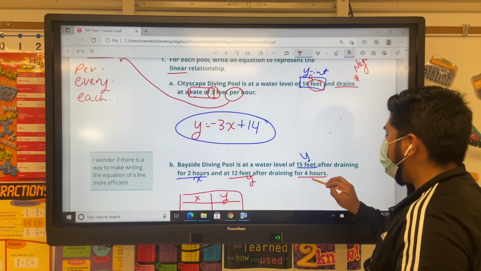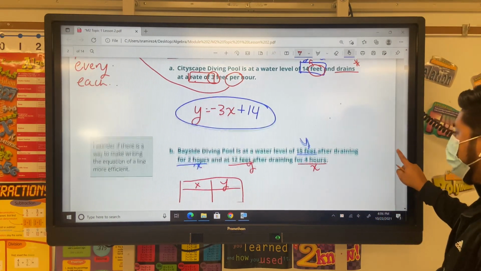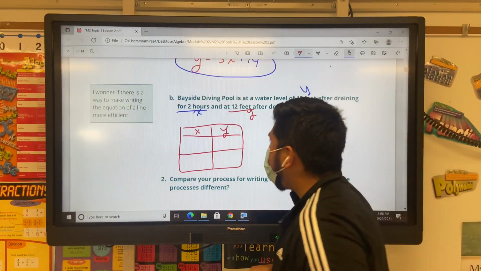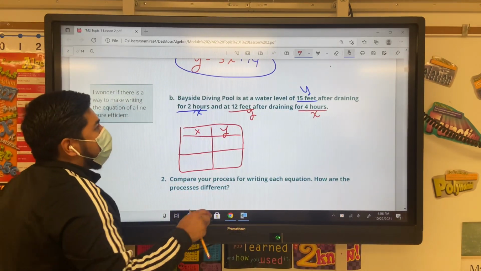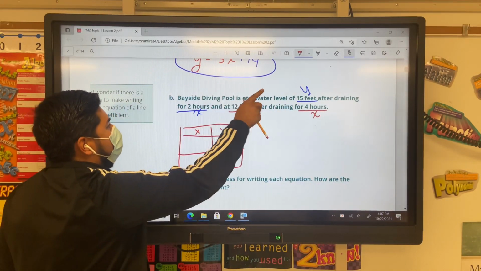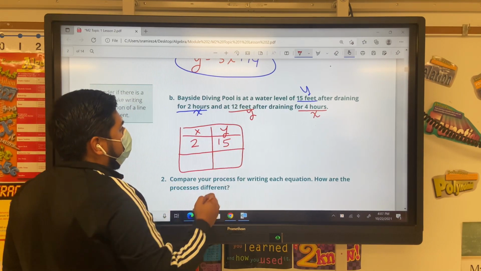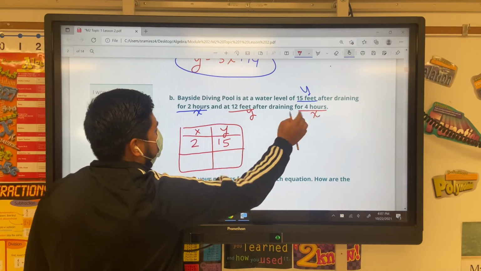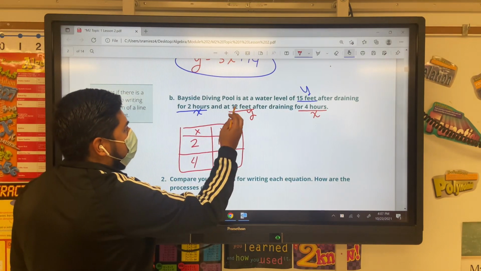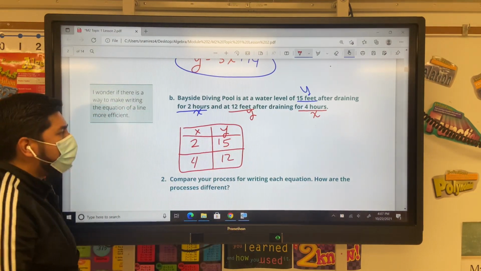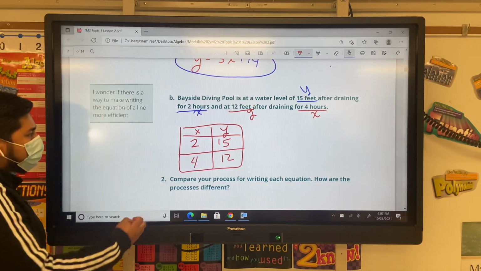Terrific. Almost done. First point in blue, we got 2 and 15. Second coordinate, x is 4, 12 is y. We have a table.